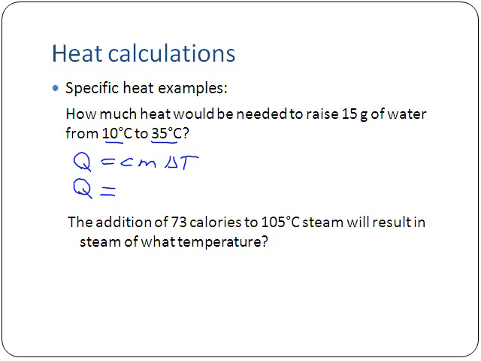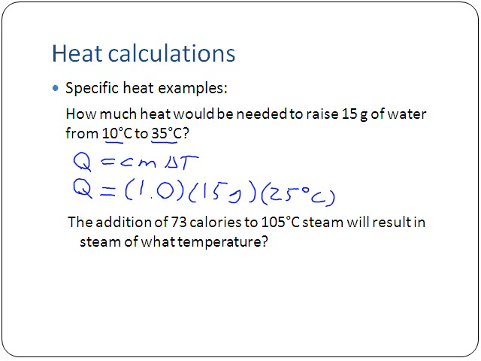We know that 10 degrees to 35 is liquid water. For liquid water, the specific heat is 1.0. The mass is m, 15 grams of water right there. Then we're raising it from 10 degrees to 35, so the change in temperature would be 35 minus 10, 25 degrees Celsius.